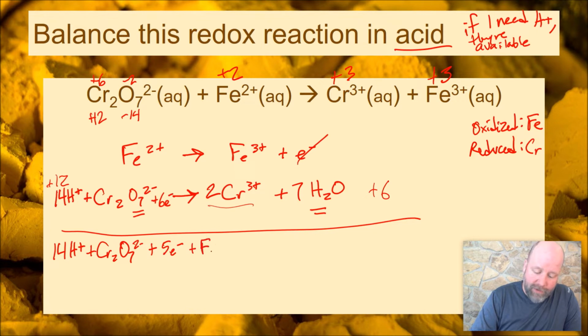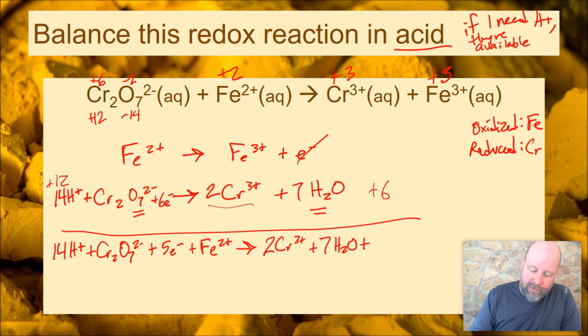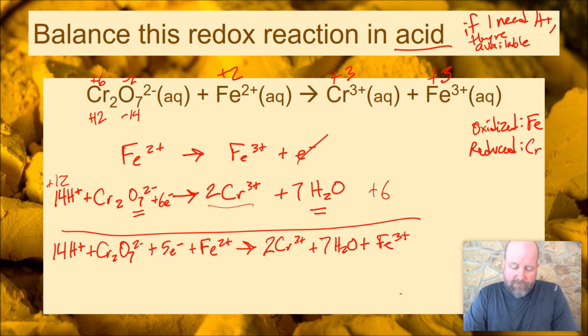Plus, don't forget our iron up there. And that is all going to react together to form 2 of these Cr3+, plus 7H2O, plus the iron. Did I get everything? I think so. And that's our final reaction, all balanced up and ready to go.